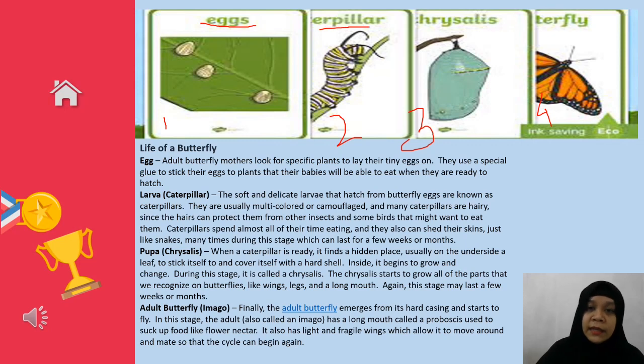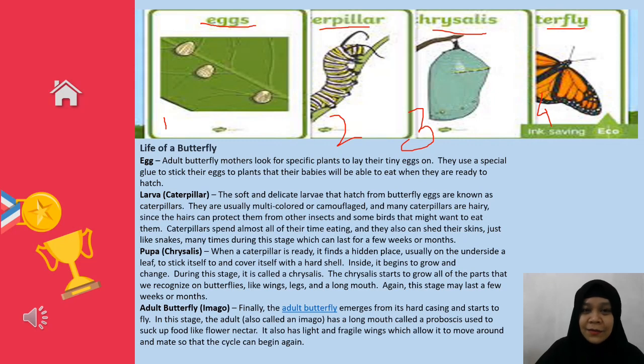Okay, caterpillar is ulat, or larva. And then chrysalis. Chrysalis is kepompong or pupa. And then butterfly. Okay, this is a butterfly. So just by looking at the pictures, we can predict or we can guess what the text is about.